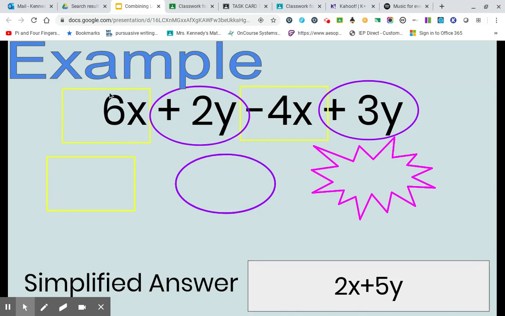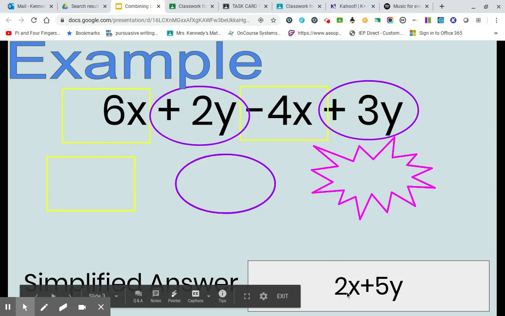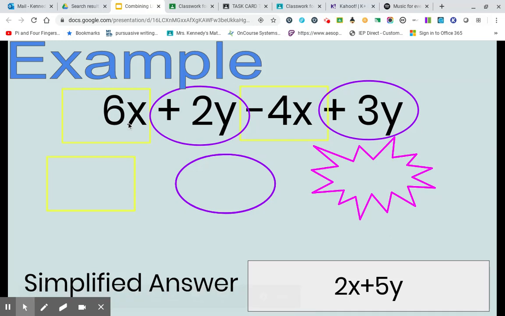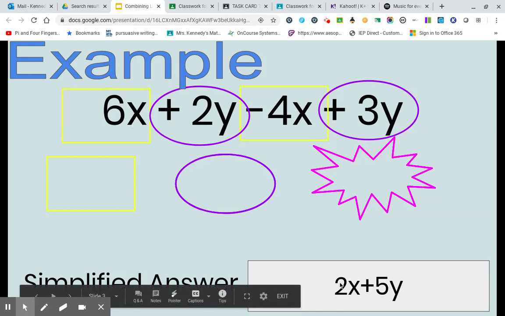In this case, it's 6 minus 4 would get me 2, and the X has to stay there because we didn't get rid of it. So 6 X's minus 4 X's would be 2 X's. Right there.